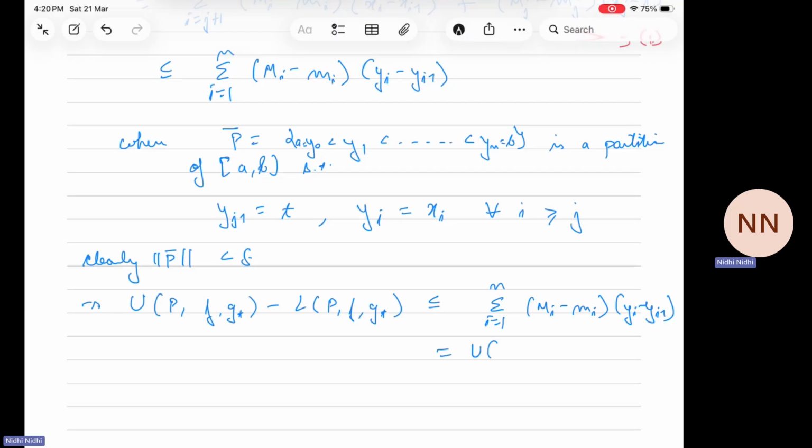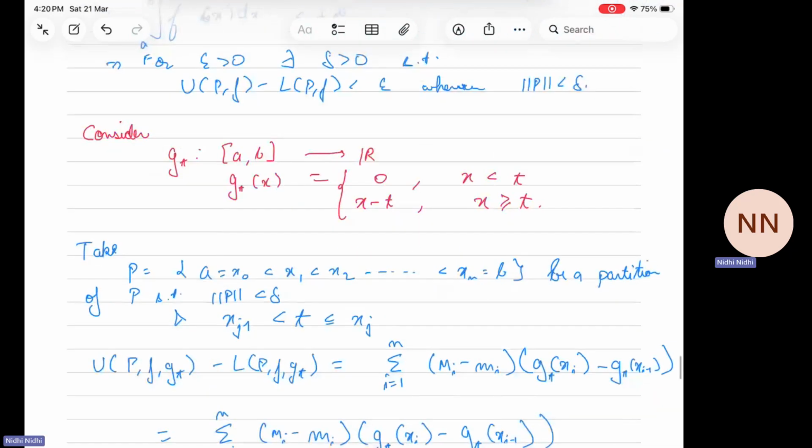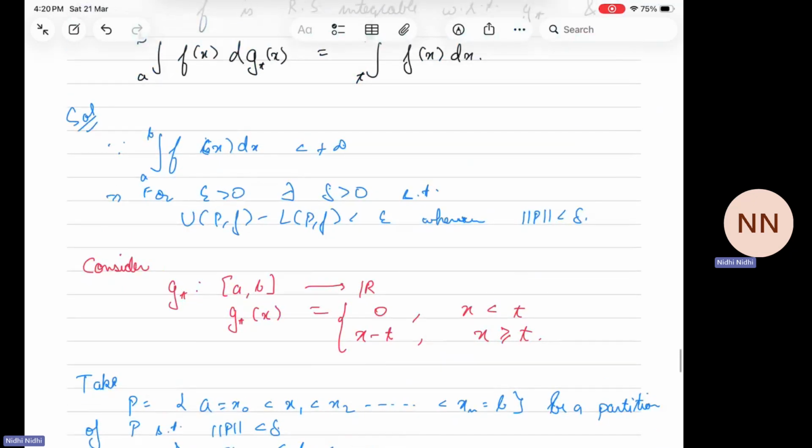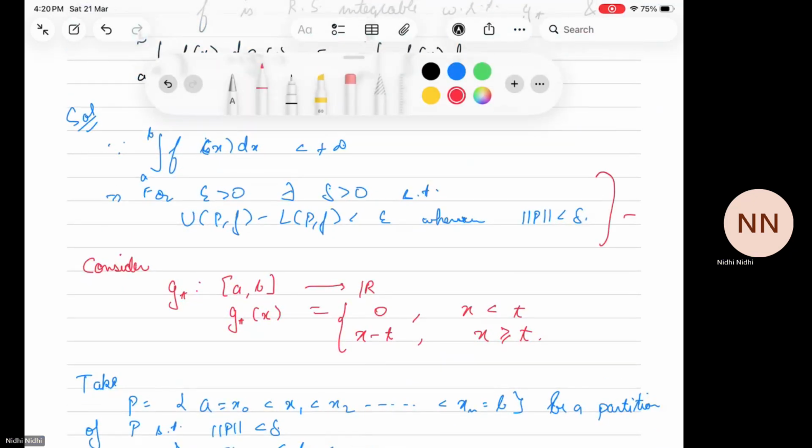This is equal to U(P bar, f) minus L(P bar, f), and this is less than epsilon, because of this equation star.